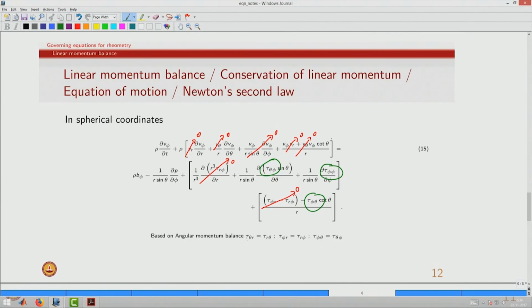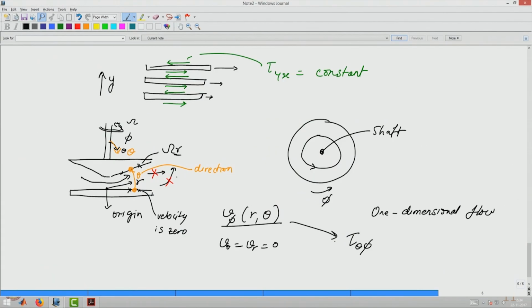And of course, we remember that angular momentum balance tells us that the stress tensor is symmetric. So, tau theta phi is equal to tau phi theta. So, we can see that there are several terms which can now be neglected, or are identically equal to 0.